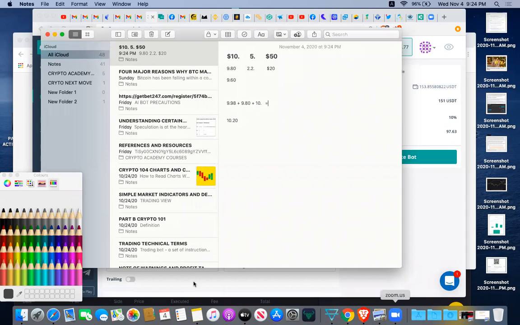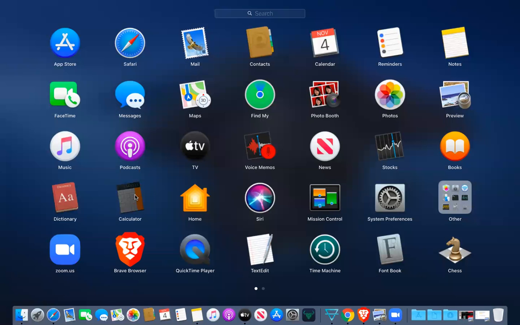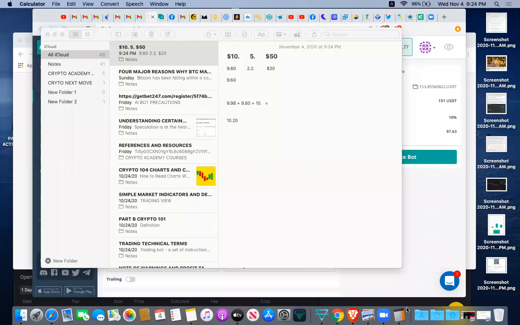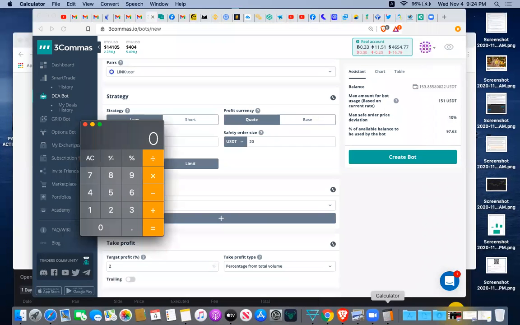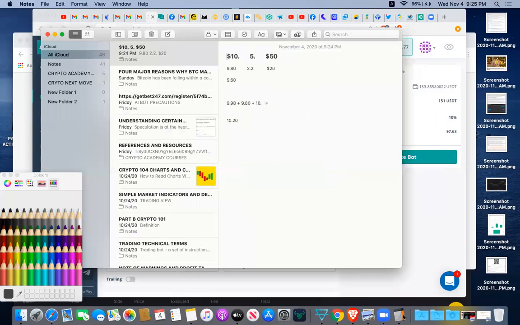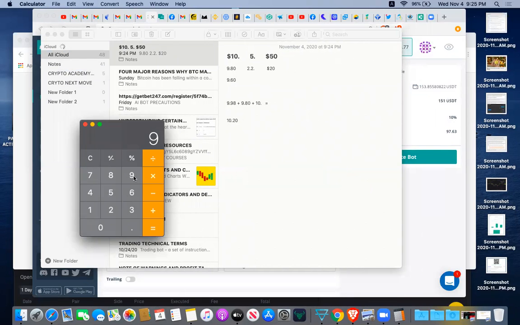Let's check. 9.80 plus 9.98 plus 10 is 27.78, divided by 3.